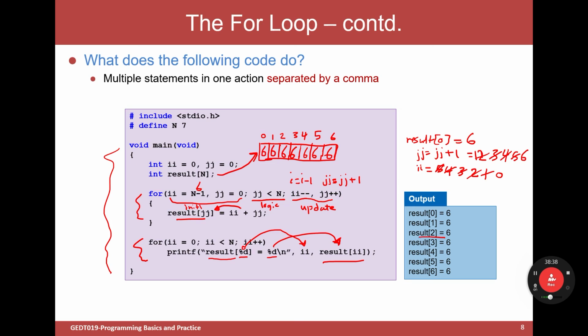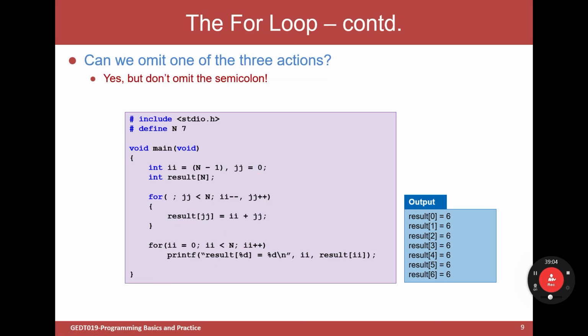So this is the message, equal, and this is the value of the array. So result of element 0, element 1, element 2, element 3, and so on until element 6. So this one will be executed for 7 elements of the array, from 0 to 6. Okay, so this is how this one is done.